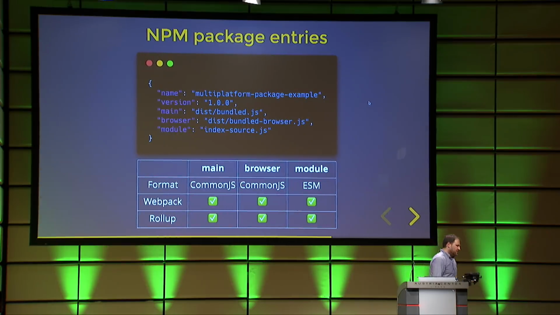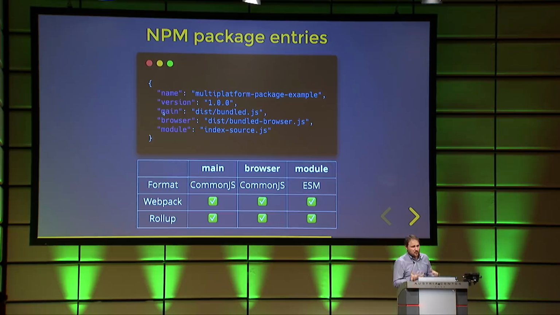NPM. If you're speaking about Node.js, we cannot skip NPM. NPM packages are an essential part of the Node.js universe. And in package.json, in Webpack for example, when I'm resolving Lodash, where to go? Where is the main file which will be resolved? So usually it's this bundle file. But now I'm coming and saying, I want to actually push all my source code on NPM because I can.